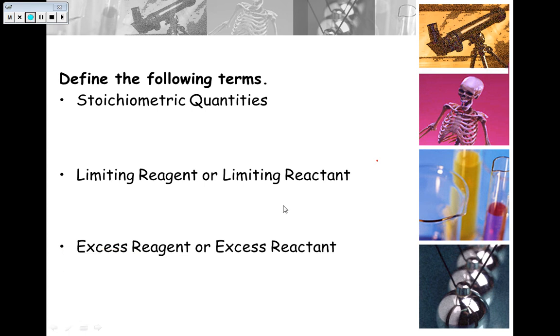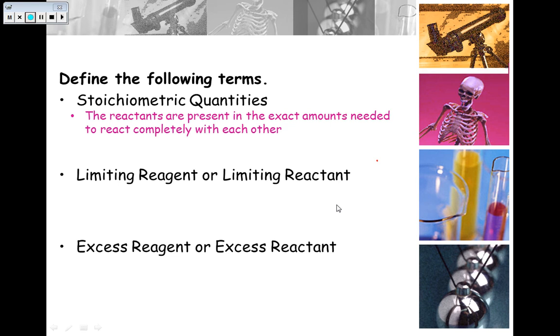When you're talking about stoichiometric quantities, it's the reactants that are present in exact amount needed to completely react with each other. So, in the example that we had with the ham sandwich and the cheese, it's like having exact amount of ham, exact amount of cheese, exact amount of bread to make sandwiches without any leftover.